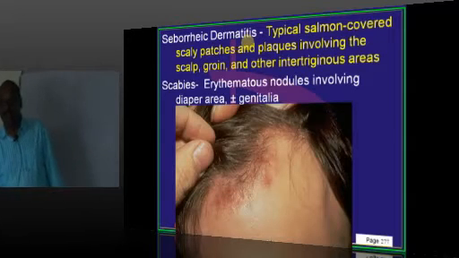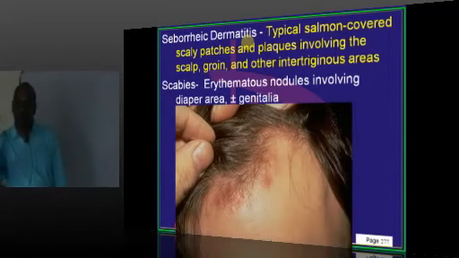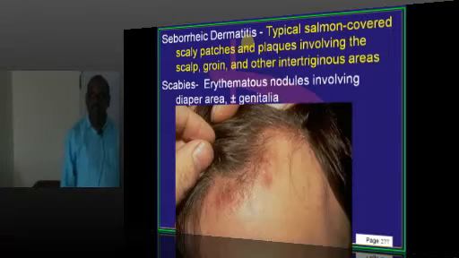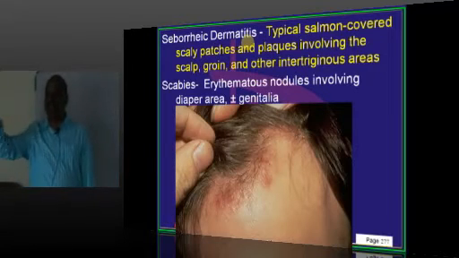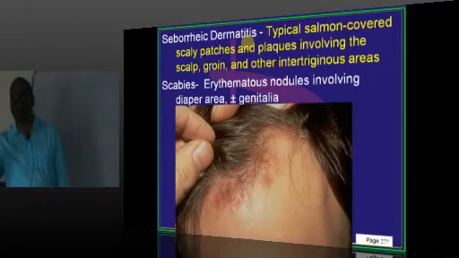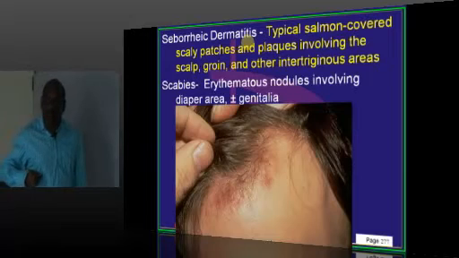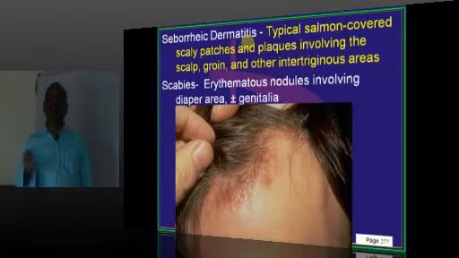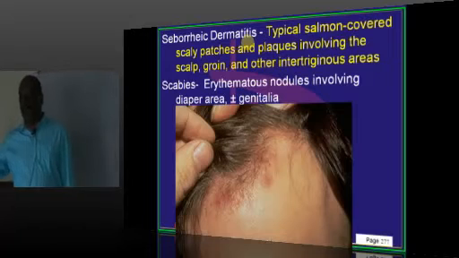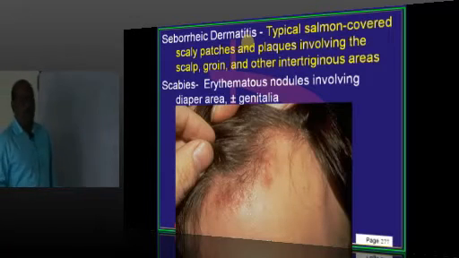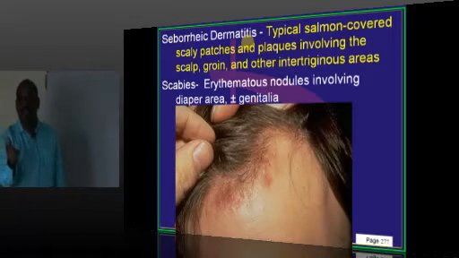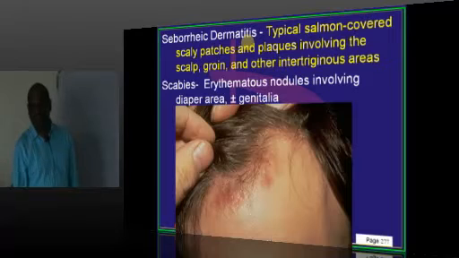Sudden appearance of such seborrheic keratoses, what is it called? Sign of Leser-Trélat. It is called the sign of Leser-Trélat. It is a cutaneous sign of internal malignancy. If there is an internal malignancy, sudden appearance of seborrheic keratosis is the sign of Leser-Trélat. And their stuck-on appearance is another important question asked in the exam.